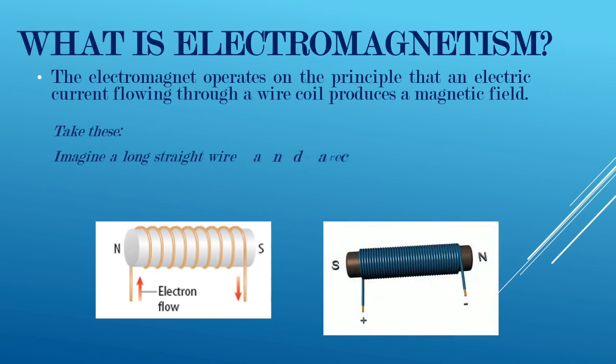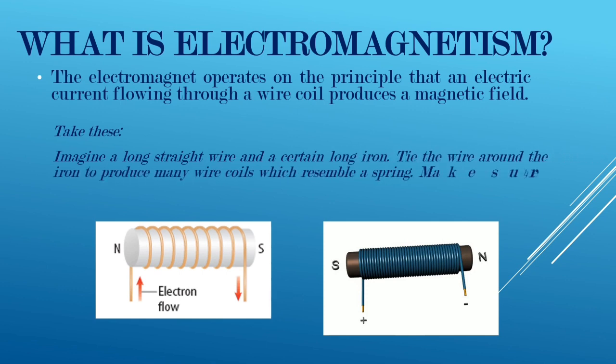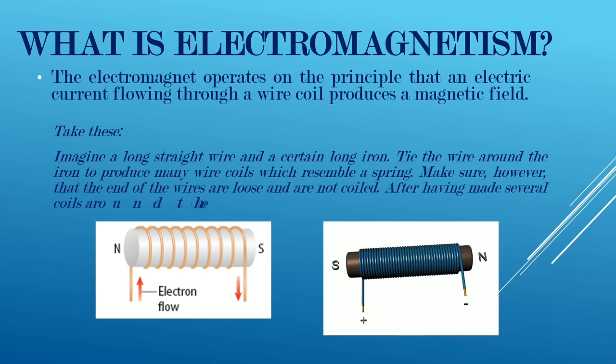For instance, imagine a long straight wire and a long piece of iron. Tie the wire around the iron to produce many wire coils which resemble a spring. Make sure, however, that the ends of the wire are loose and are not coiled.